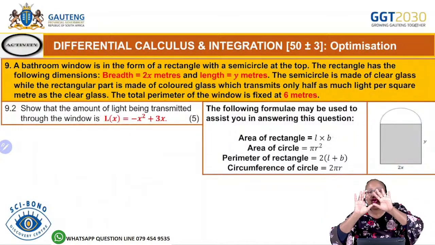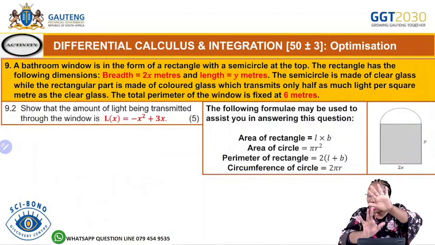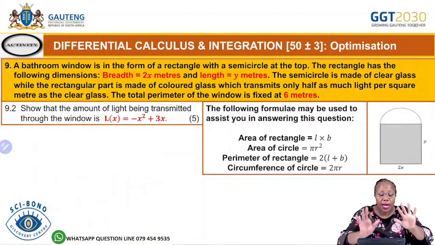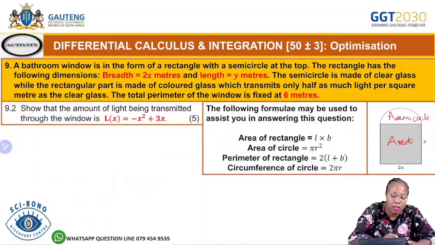But because this is through the window, we are talking the area now because the light will be coming through the area there. And then if you look at this now, we are looking at the area of a rectangle for this part, and the area of a semicircle, half circle.